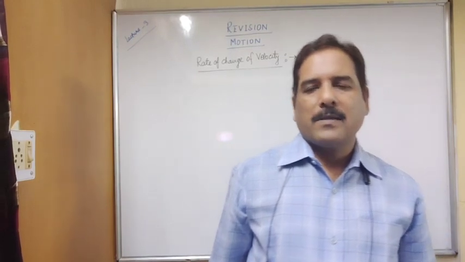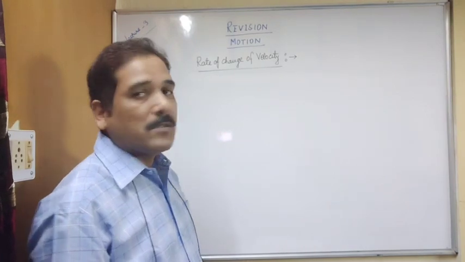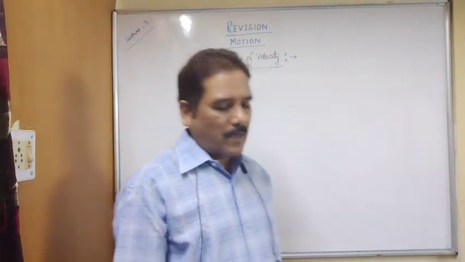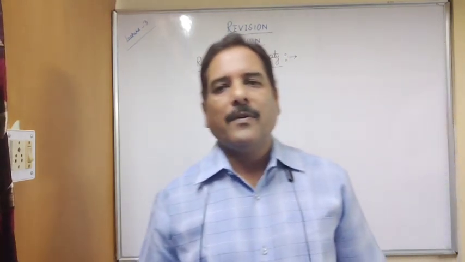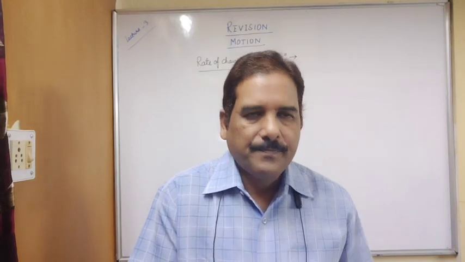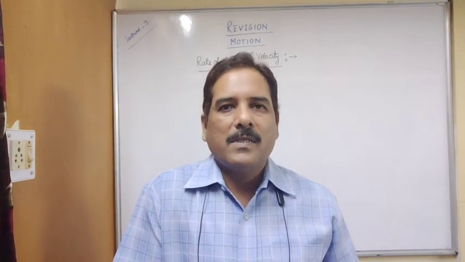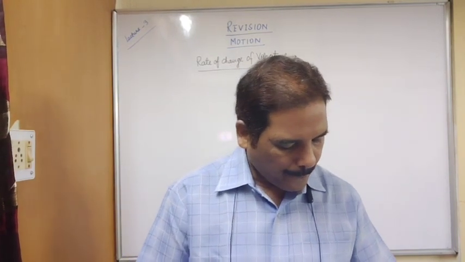Today we will revise the next topic of the chapter Motion, that is, rate of change of velocity. In the last class we discussed uniform and non-uniform motion, and as you know, in uniform motion the object covers equal distances in equal intervals of time.